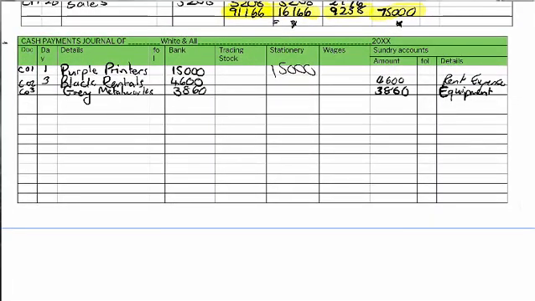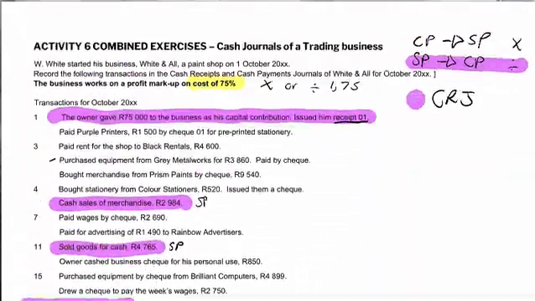Talk to me here, Sibu. Okay. Under details, who are we purchasing from? Prism Paints. Okay. That is our detail.